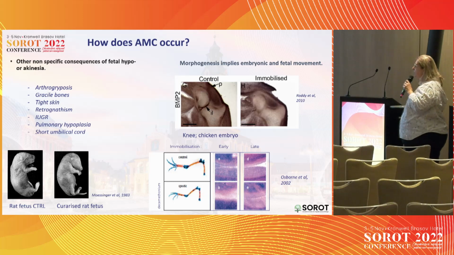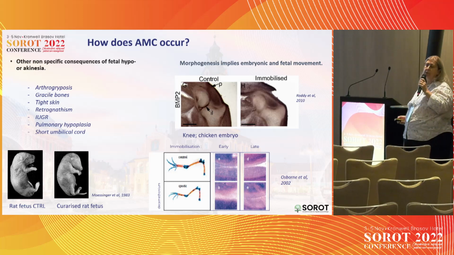Why is it interesting for us to know what occurs before the birth? Because there is more than arthrogryposis, more than only the effect on the bone. You have a very gracile bone, you have retinoitism, you have pulmonary hypoplasia, you have a short umbilical cord.